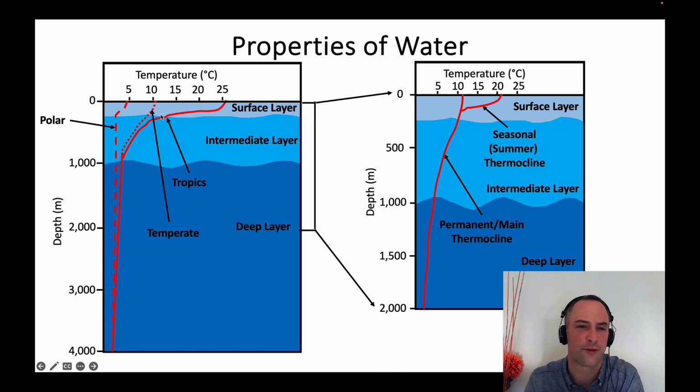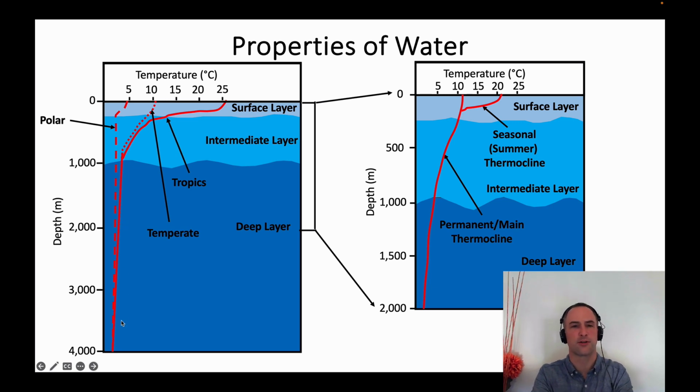As you go down to around 200 meters, things start to taper off to the normal deep water temperature around 4 degrees centigrade. This trajectory is what we would see for a depth profile for temperature in the tropics.